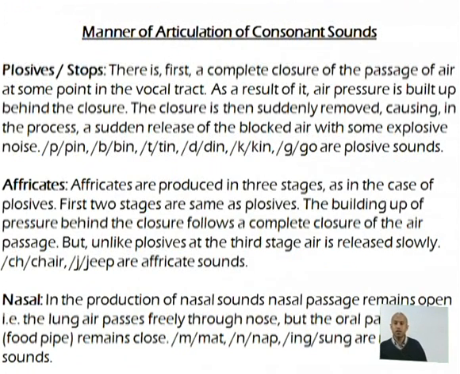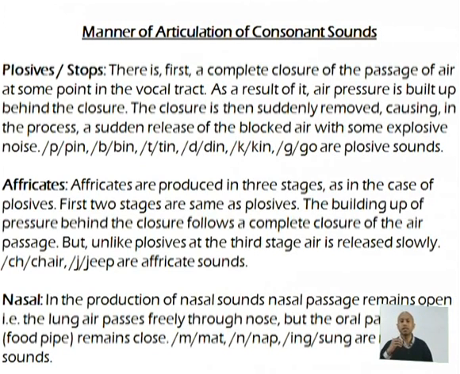Now, manner of articulation of consonants, we go further. Plosives or stops. Plosive. There is first a complete closure of the passage of air at some point in the vocal tract. And as a result of it, a pressure of air is built behind the closure.